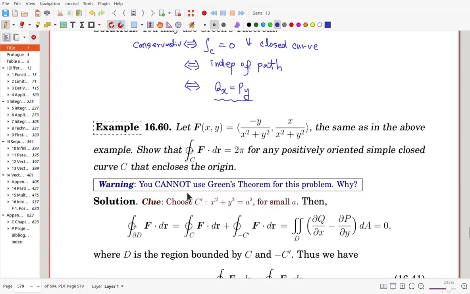Okay, what if we have a closed curve enclosing the origin? We consider the same vector field as in the above example. Then the line integral of the vector field is 2 pi for any positively oriented simple closed curve that encloses the origin.